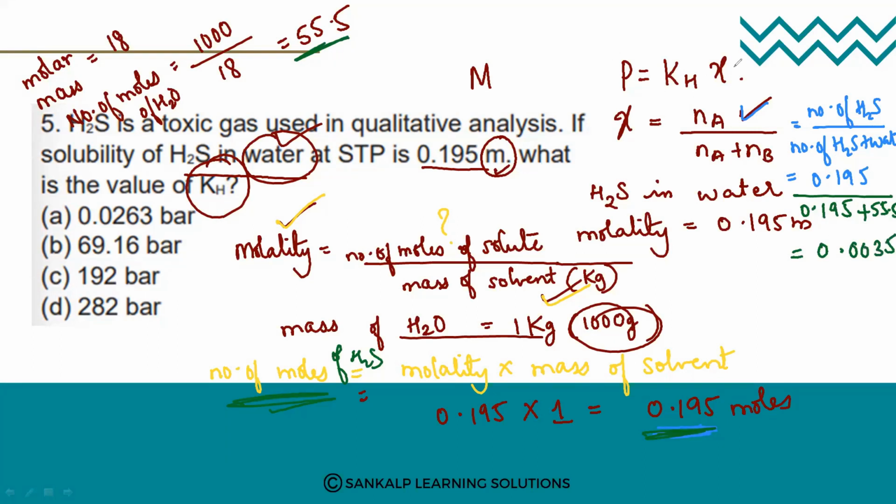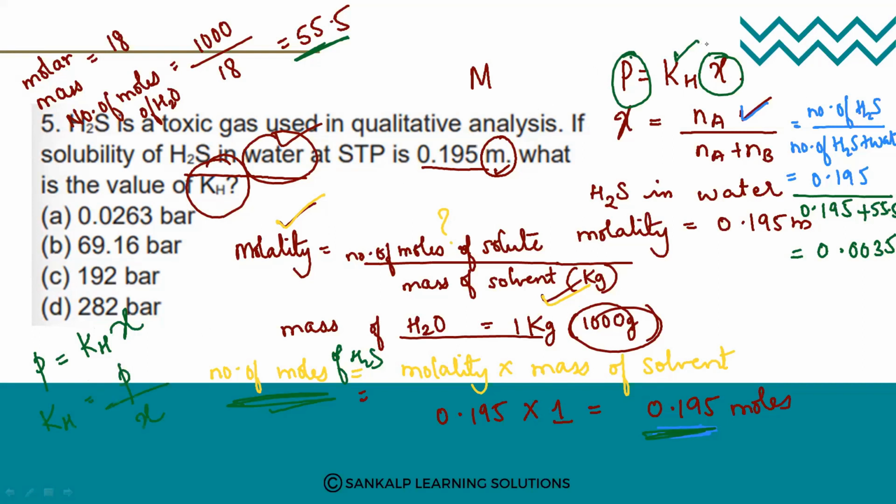Now what do we have to find? We got the mole fraction. Then we want to find the pressure. The standard pressure we know is 0.987, and we have to find the KH. So use this formula: pressure is equal to KH into psi. We don't know KH, so KH will be partial pressure upon psi.